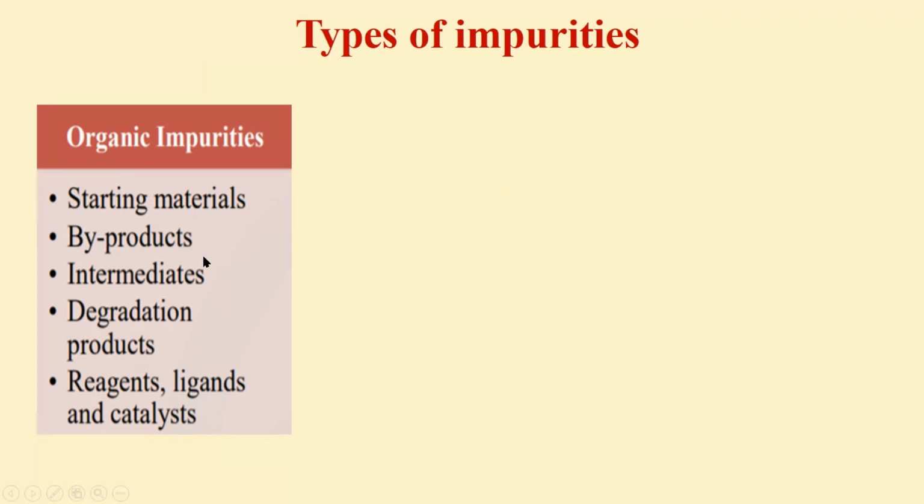The byproducts formed during the preparation of the product can act as an impurity. The intermediates which are not completely converted into product can also be a type of impurity. When the product is stored under improper conditions, it may get degraded, and that is also an impurity. Reagents, ligands, and catalysts used in the manufacturing of the pharmaceutical ingredient can be an impurity.